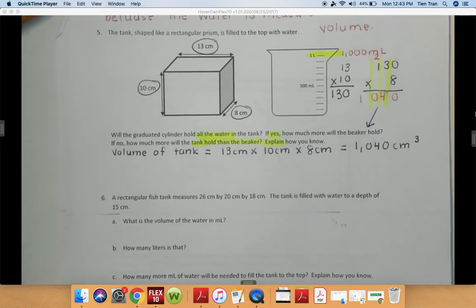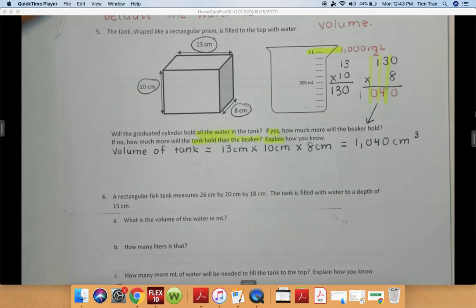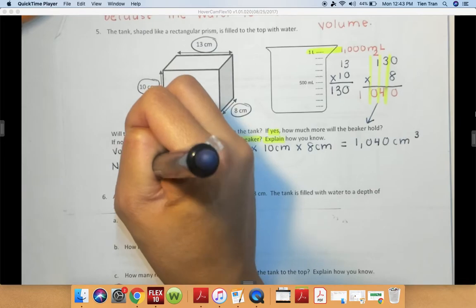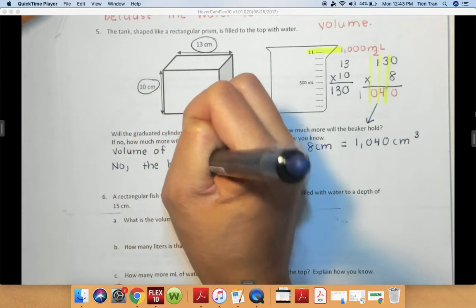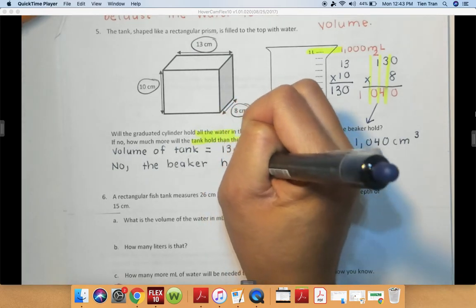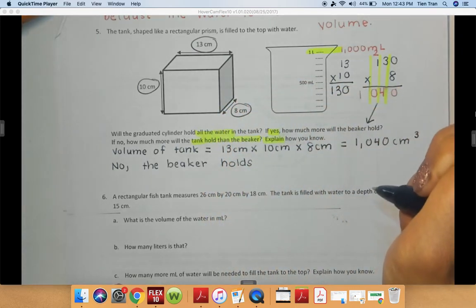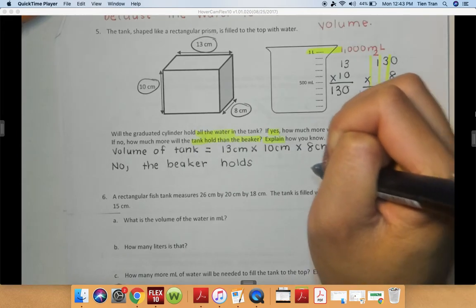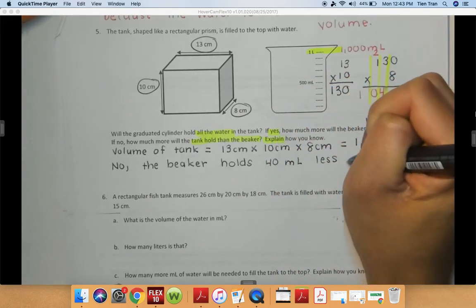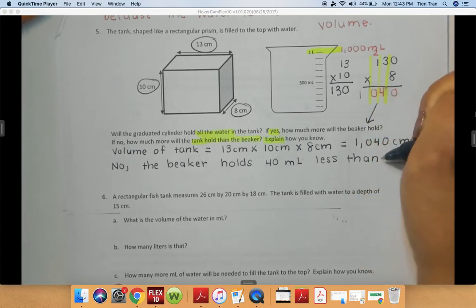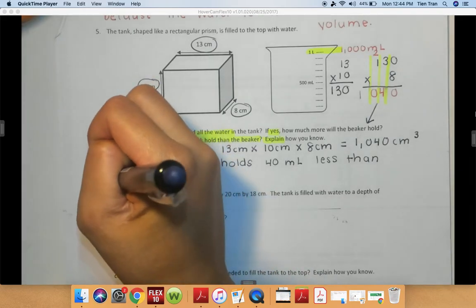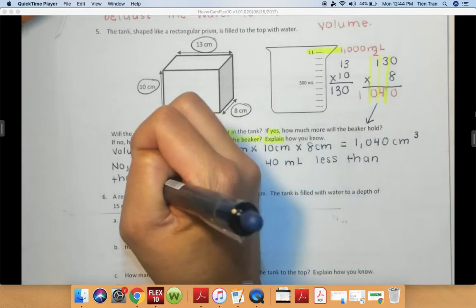So I'm going to write no. The beaker holds 40 milliliters less than the volume of the tank.